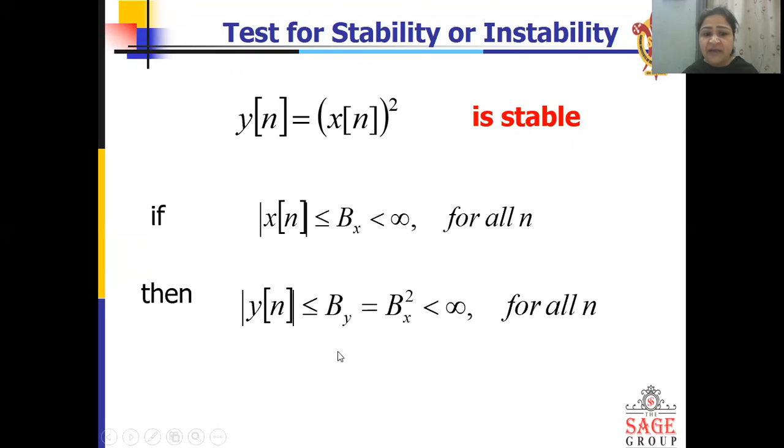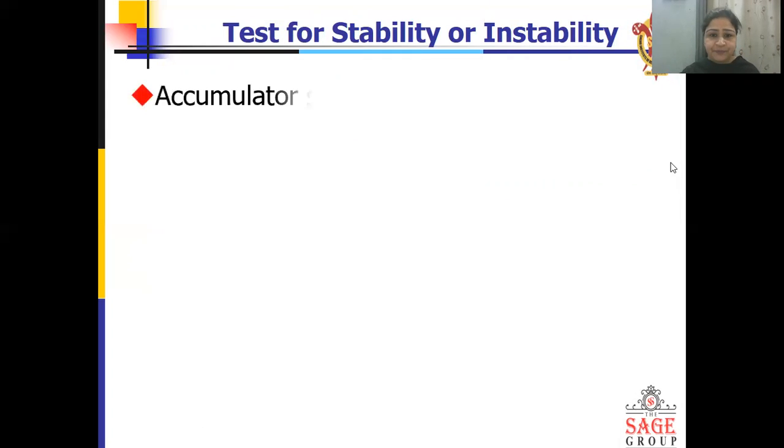That means y[n] will also generate a finite value By, which should be less than infinity for all n. So in that case, if x[n] is bounded, y[n] is also bounded. Therefore, the system is stable.